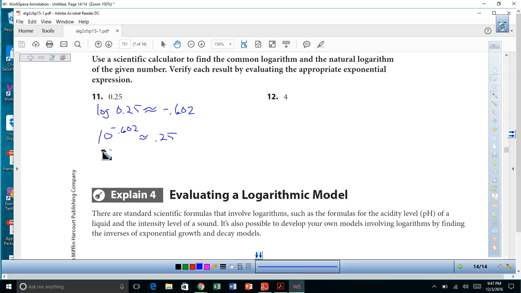So the natural log of 0.25 was approximately negative 1.386. So e to the negative 1.386 is approximately 0.25. Now what about 4?